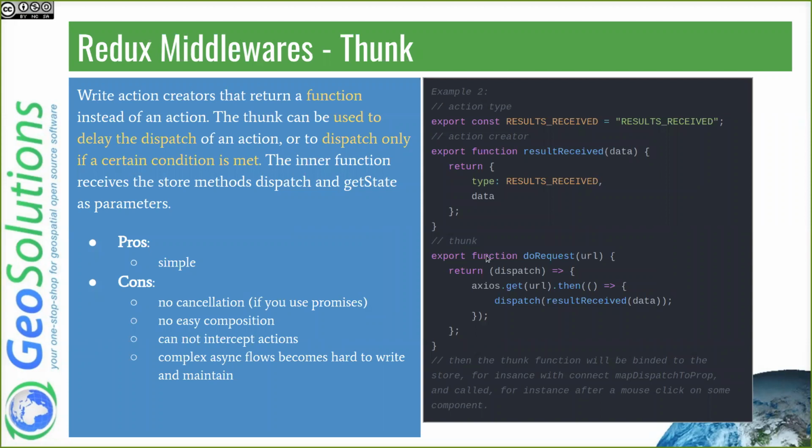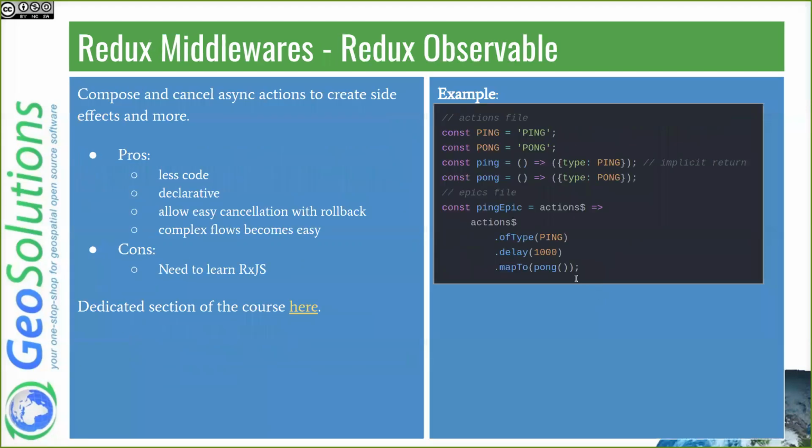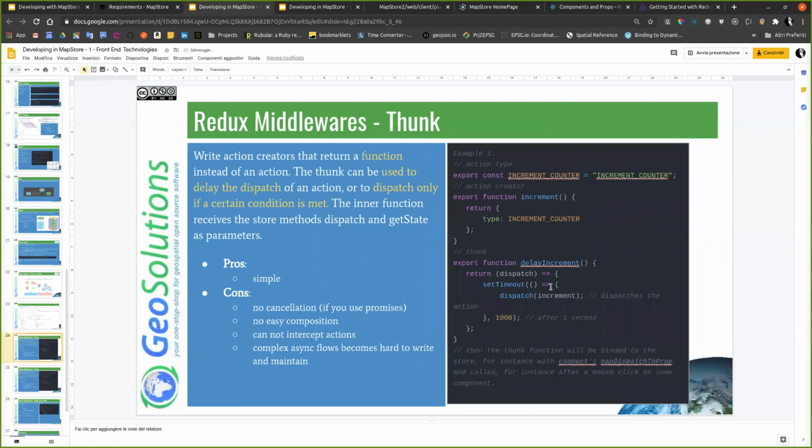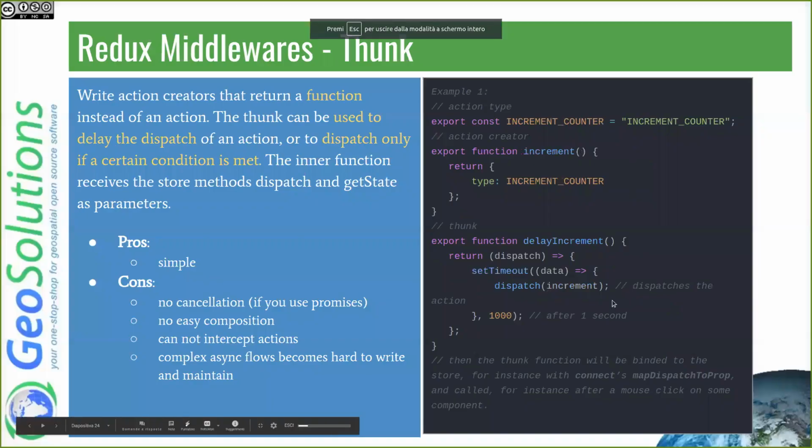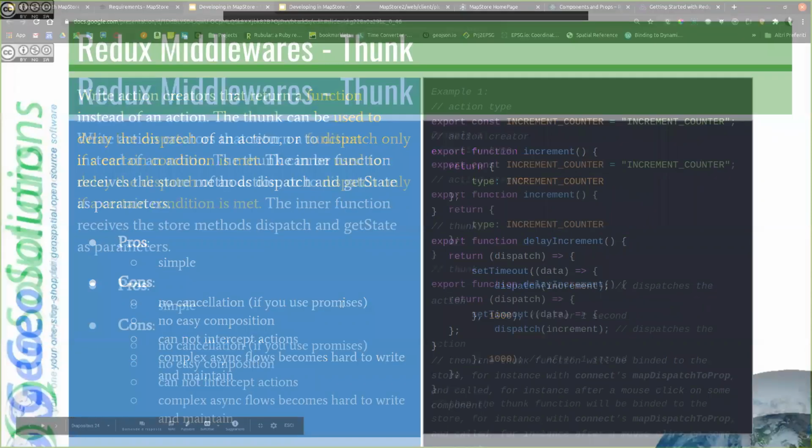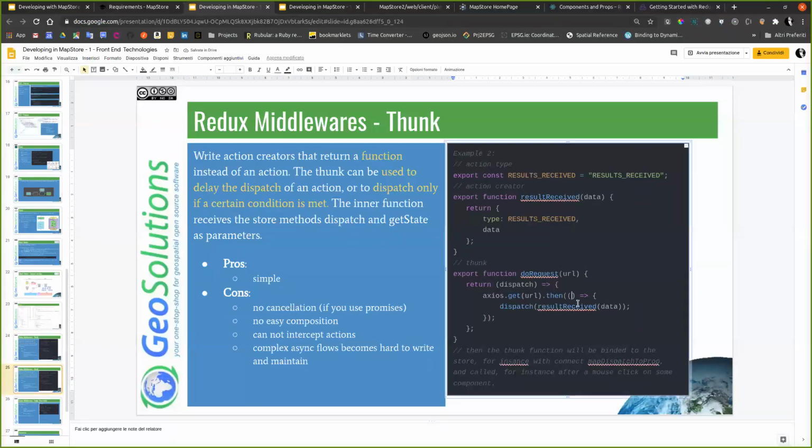Then I have this action creator that is a thunk, defined this way, returning a function, and I can call the Axios library, and when I get the response, I have the data here. Sorry, I modified the wrong slide.